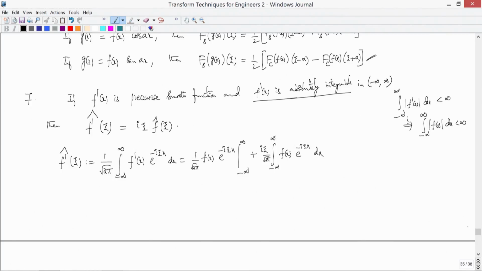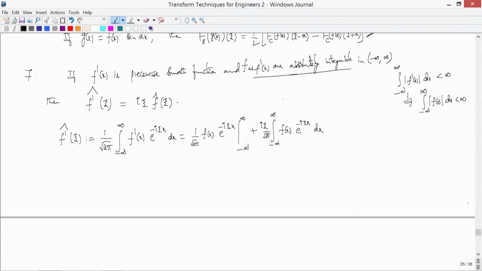Is this really true? Otherwise, you include in your hypothesis that both f and f dash are absolutely integrable functions. If you do, then there is nothing to prove.